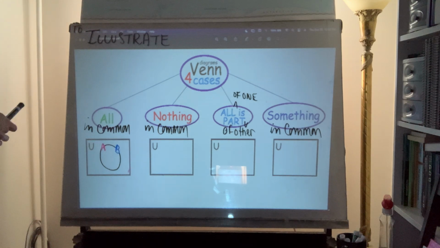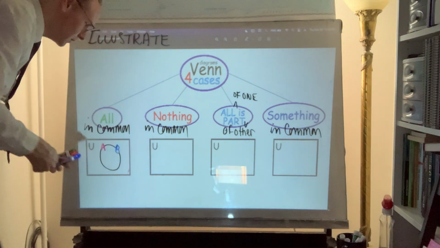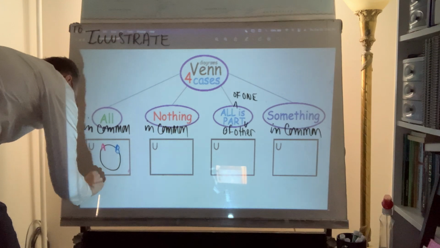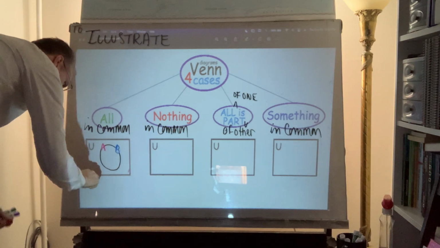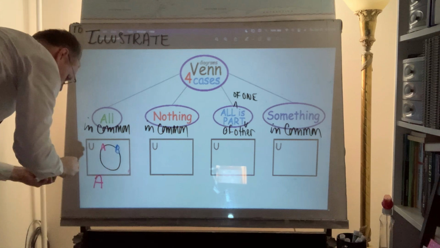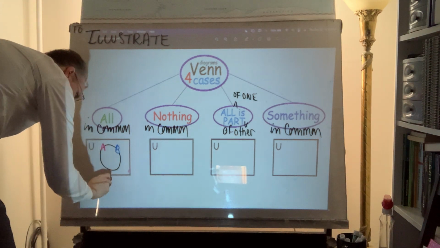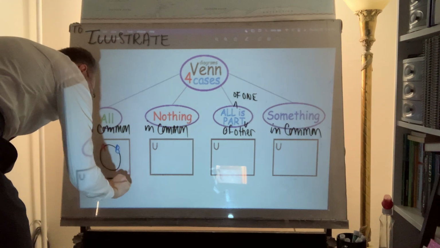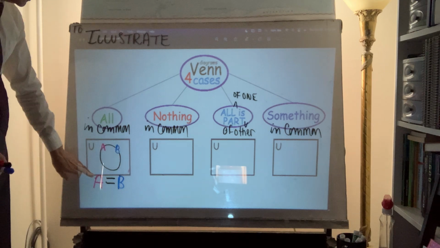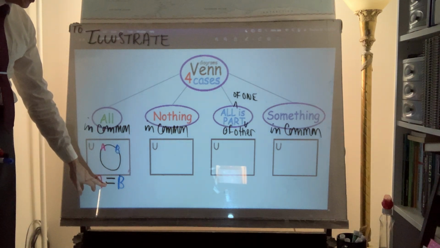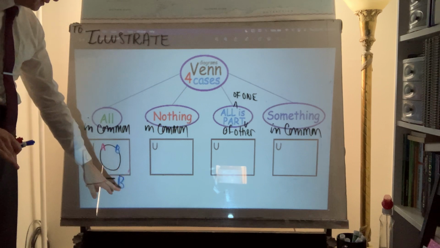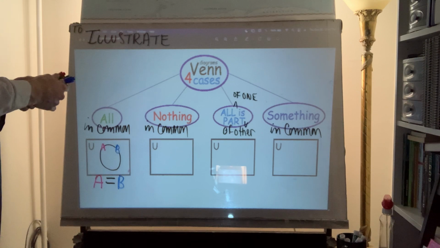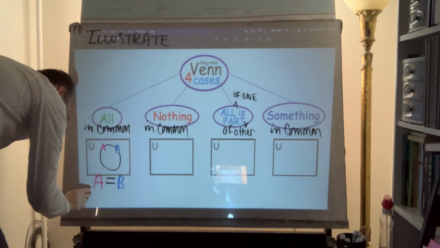This is suggesting, in the pictorial form, that A is exactly equal to B. In other words, the parts that comprise set A are exactly the same parts, and no more, no less, than the elements of set B. And in this event, you would refer to these as equal, right?